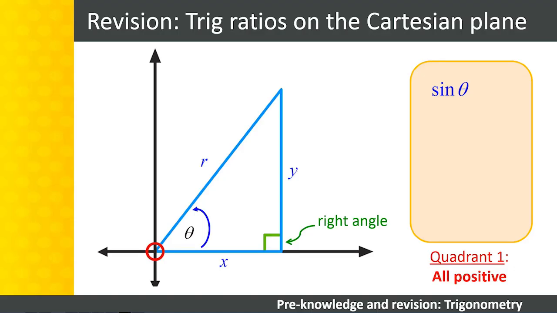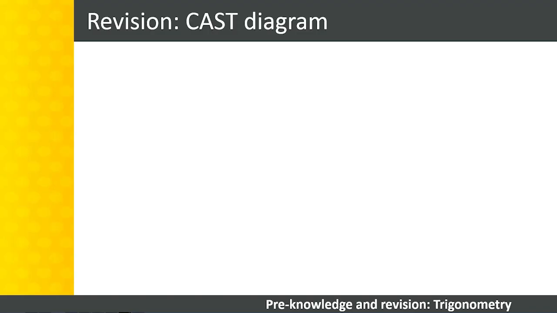And so the ratios become sine theta equals y divided by r, cos theta is x divided by r, and tan theta is equal to y divided by x. Because we are working in the first quadrant here, the values for x and y are positive, so all our ratios are positive. As we move into the other three quadrants where x and y values are not always positive, the sign of our ratios also changes.